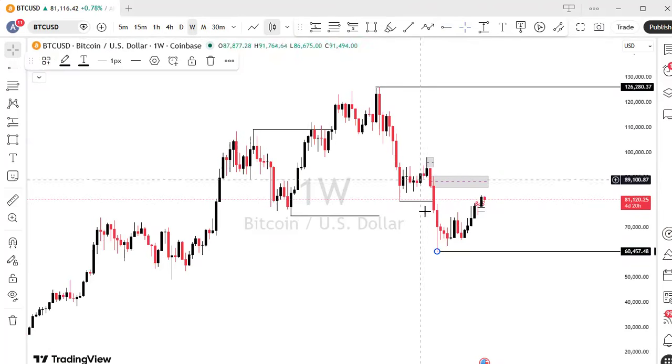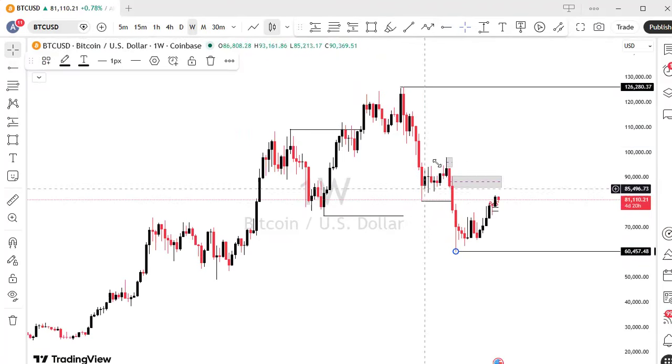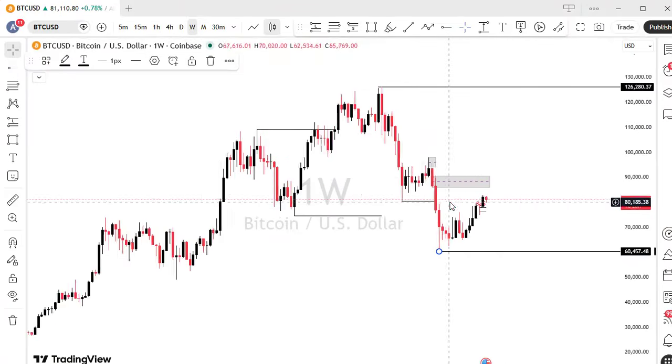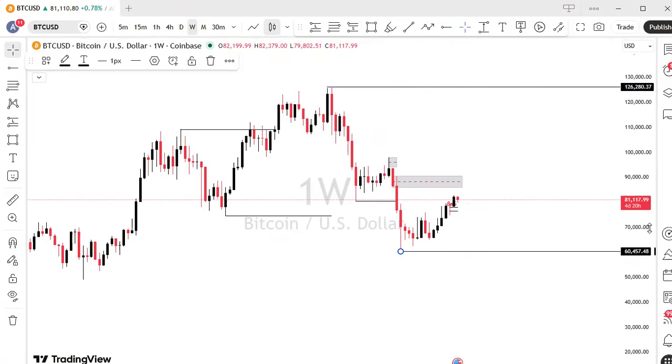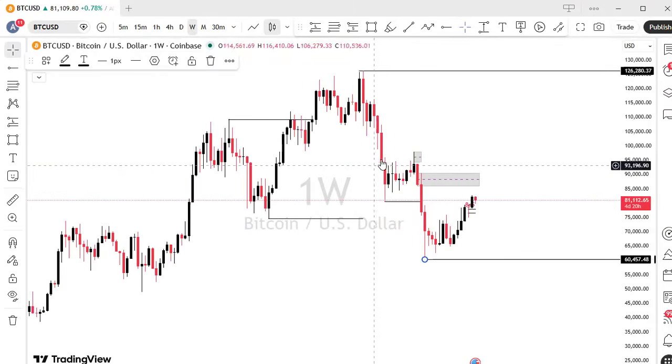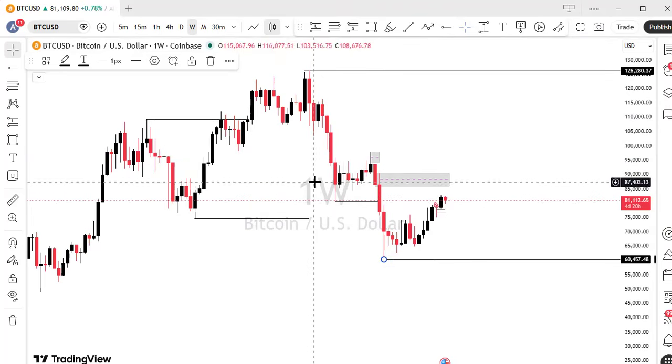We have an internal change of character here, and this break of structure from the weekly time frame. For those following me, you know the rules we use to identify a valid pullback. This is also a valid pullback. So this is the internal structure of this time frame.